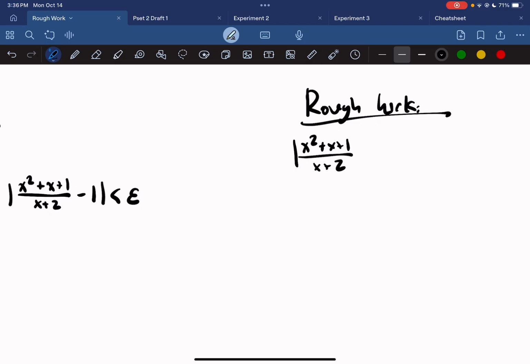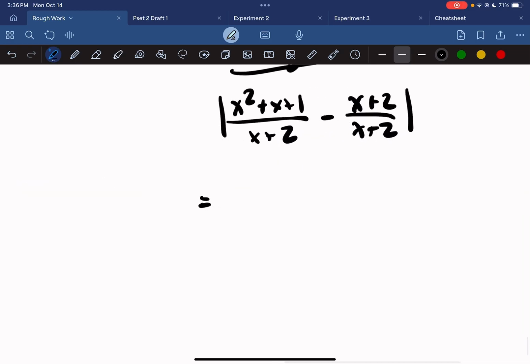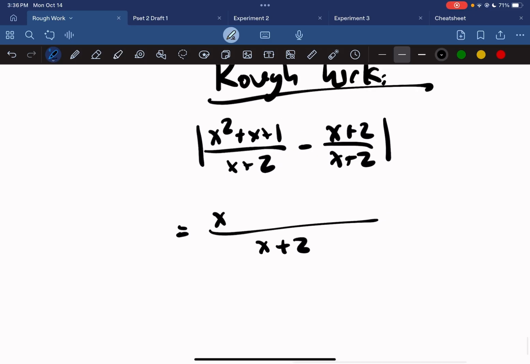Let's multiply 1 by x plus 2 so that we get this. And we know this is equal to this whole thing under x plus 2. If x plus 2, the x's cancel because this is minus, and we end up with minus 1.